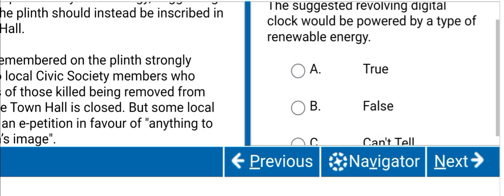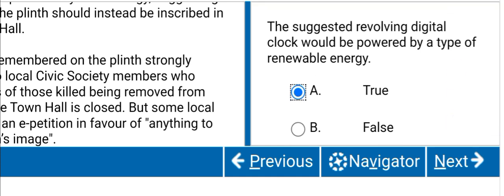So that's why option A is correct. The statement, the suggested revolving digital clock would be powered by a type of renewable energy, is true.